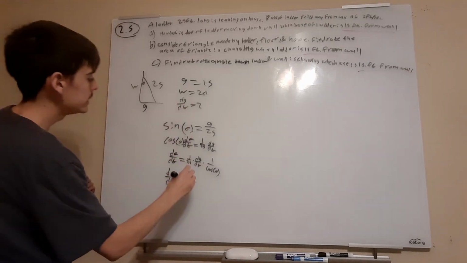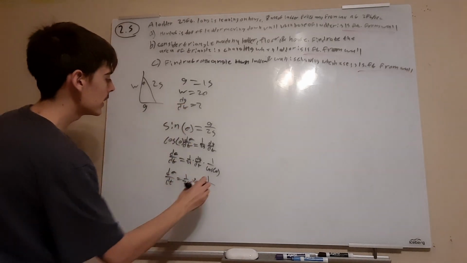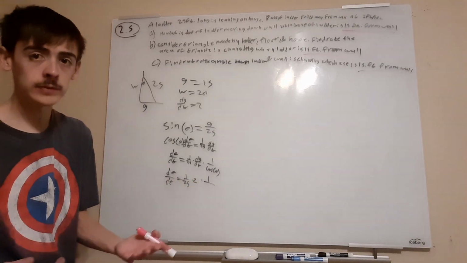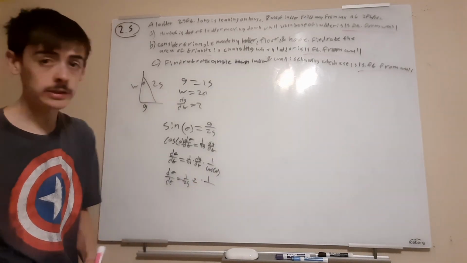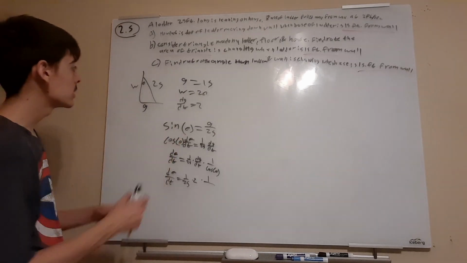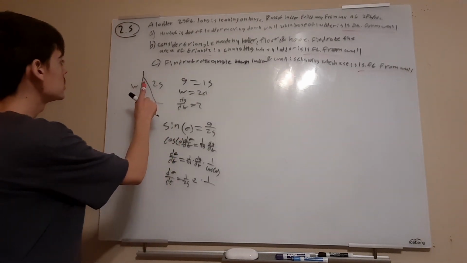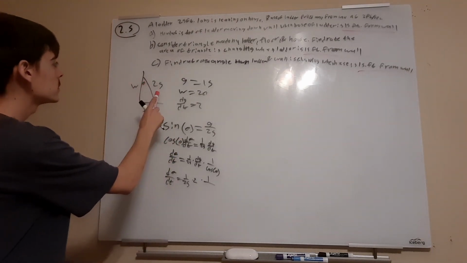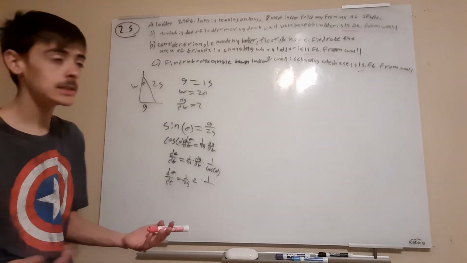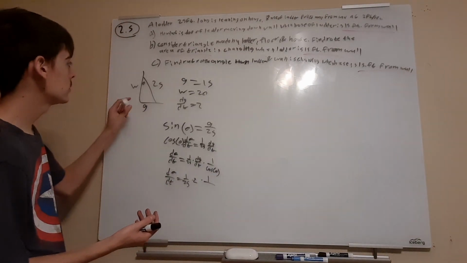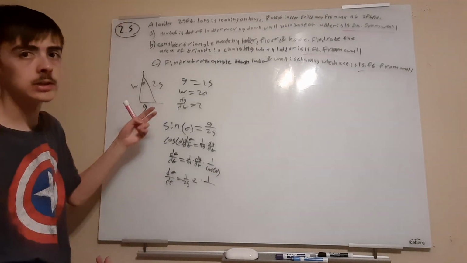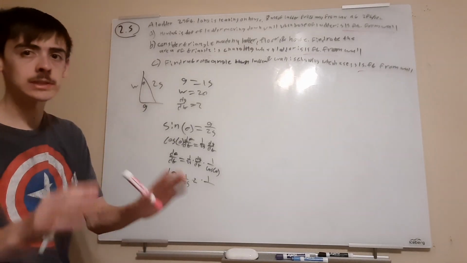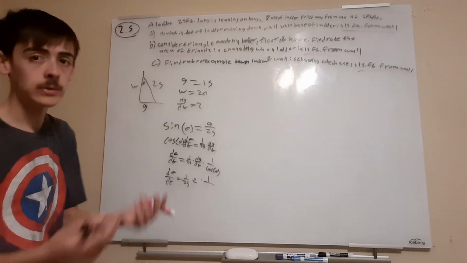We were told dG/dt equals 2. But what about that 1 over cosine theta? We don't have a value for theta, but we don't actually need it. We just need to know what cosine of theta is, and cosine of theta is going to be W over 25. In this case, it didn't really matter if we chose W and G, because we're going to use W anyway, but it's just a safe practice. Use values provided to you when you can.